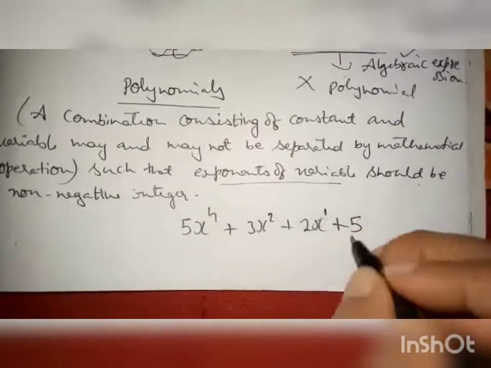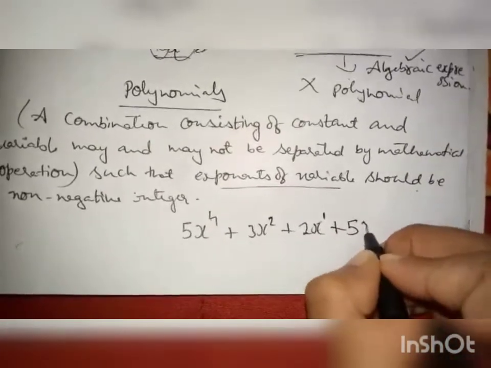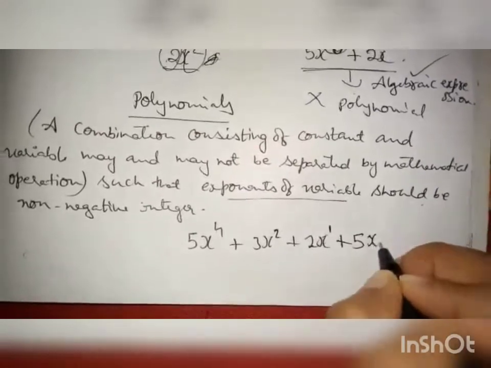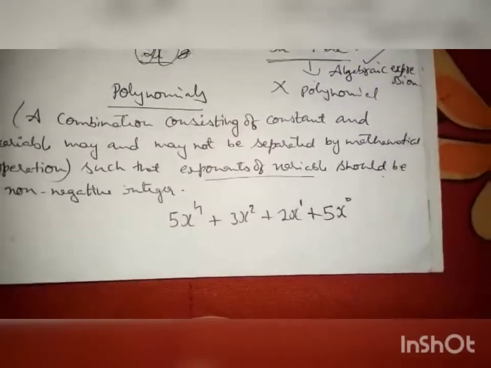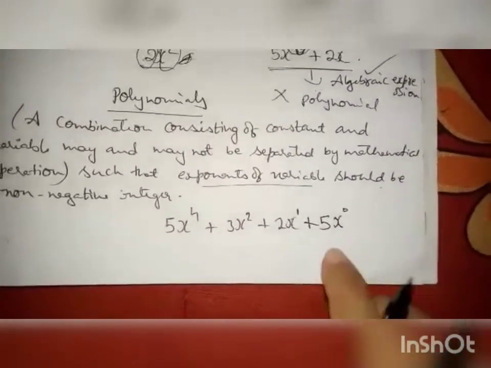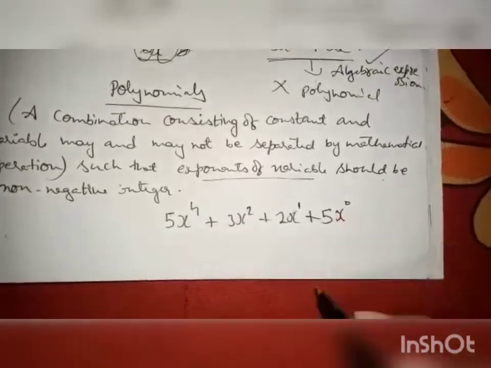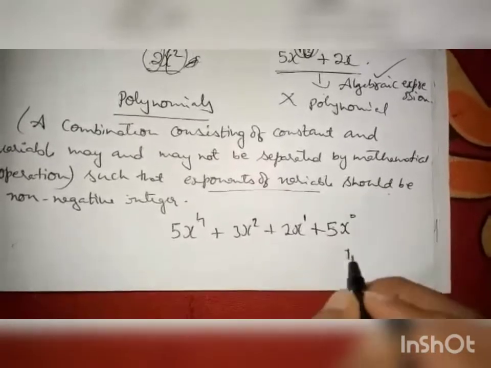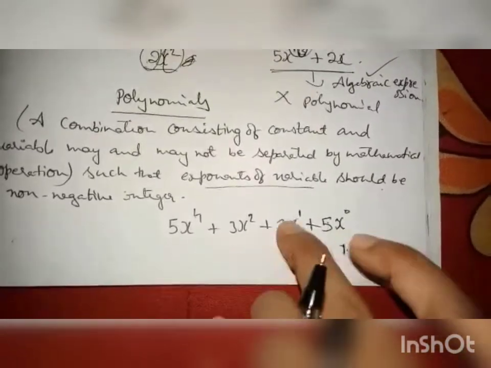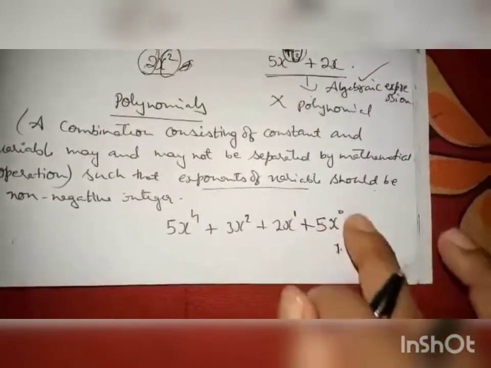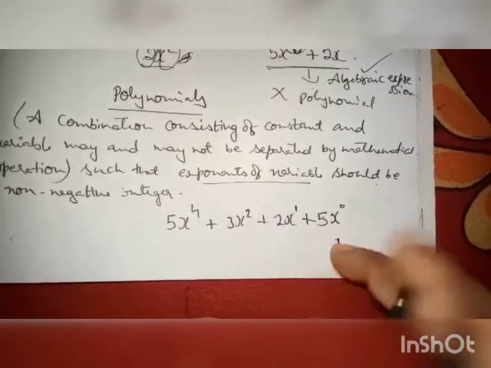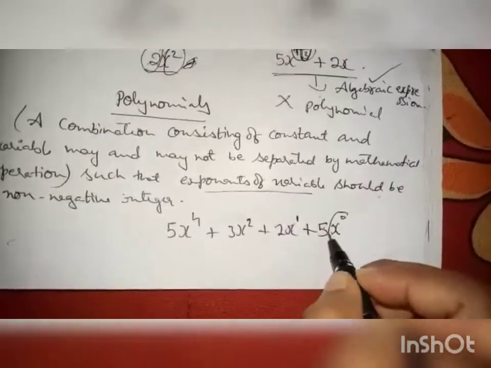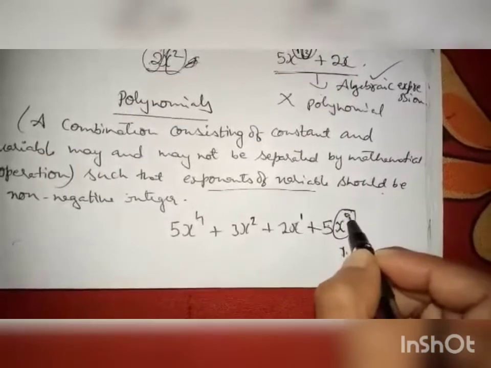Here the x term is not there, so it is understood as x power 0. What is the value of x power 0? 1. So 5 ones are 5 only. X power 1 is x. X power 0 means the value will be 1. So this is a polynomial. Here x power 0 is there.